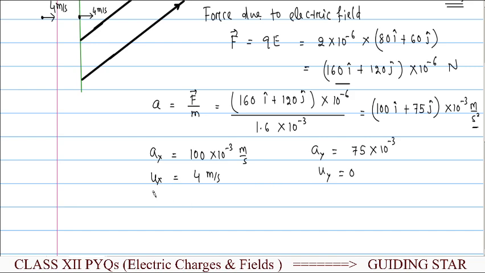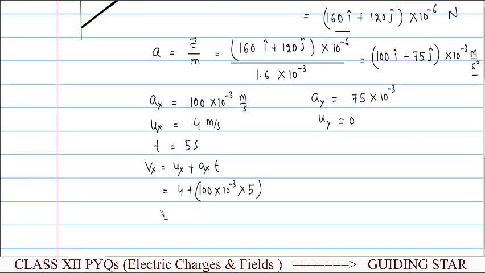So what is the final velocity at t equal to 5 seconds? Final velocity vx equal to ux plus ax into t. So ux is 4 plus ax is 100 into 10 to the power minus 3 into t is 5. If we calculate this particular value, it will be 4 plus 10 to the power 2 into 10 to the power minus 3, so it will be 10 to the minus 1.